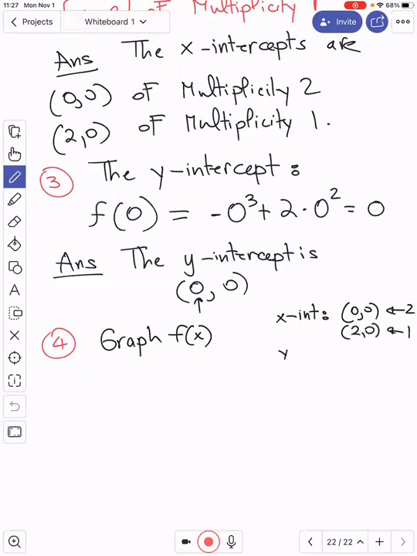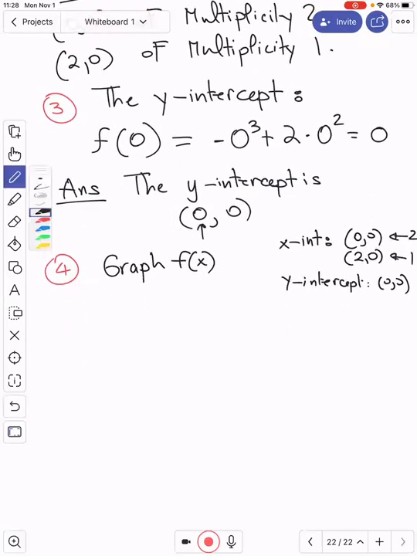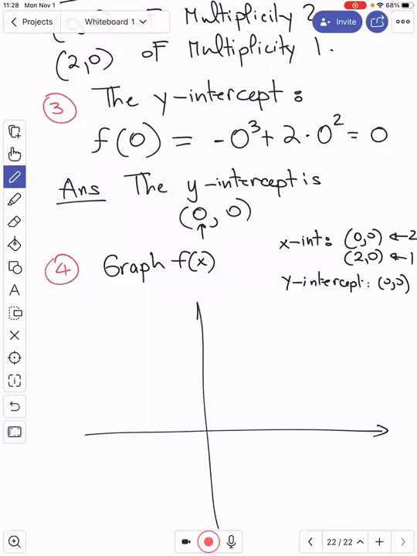And then there's a y-intercept, which is the same as the x-intercept 0, 0. The y-intercept is 0, 0. All right, so of course, this is supposed to be positive infinity, negative, positive. This is negative infinity. We're going to need 0, and we're going to need 2.